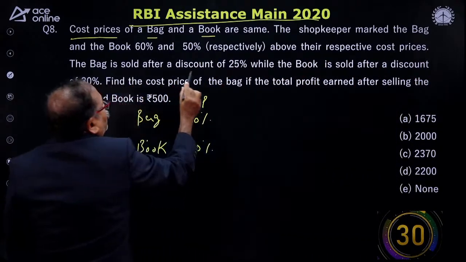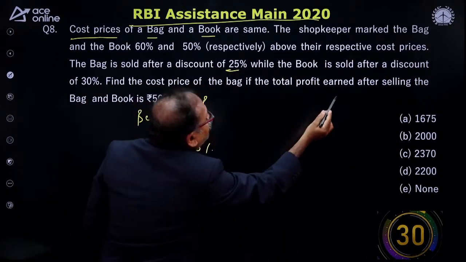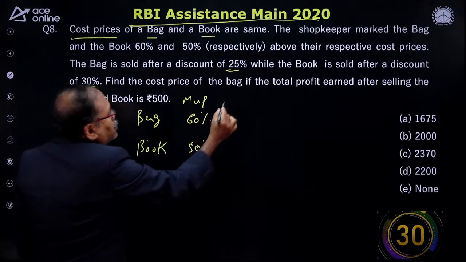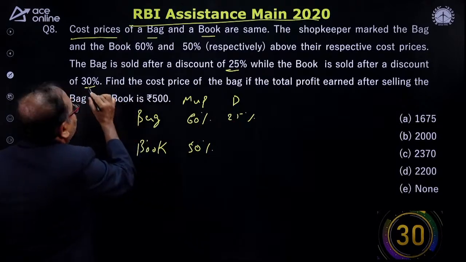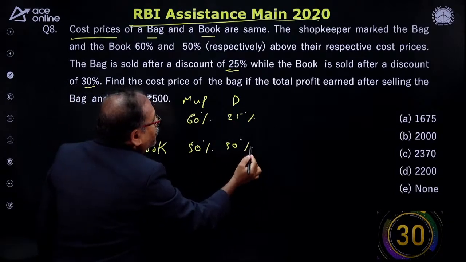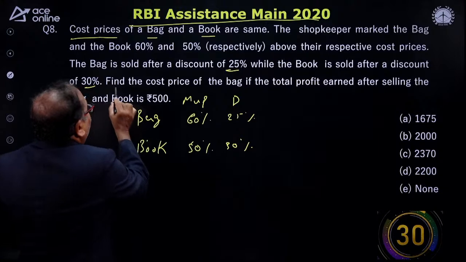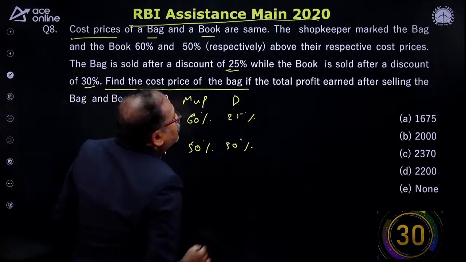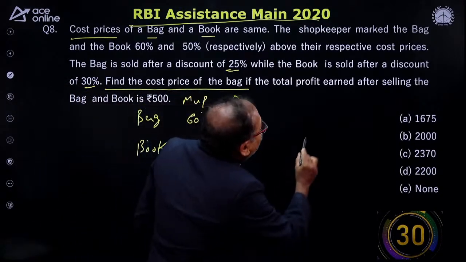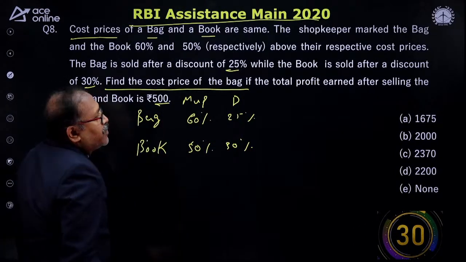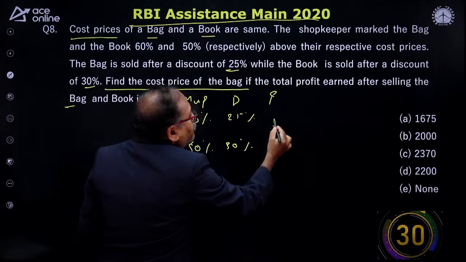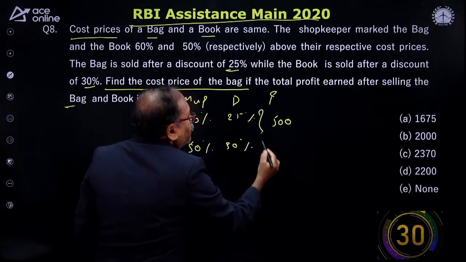The bag is sold at a discount of 20% and the book at a discount of 30%. So the discount is there. These are the informations we have. Now what is the question? Find the cost price of the bag if the total earning after selling the bag and book is 500, the total profit.